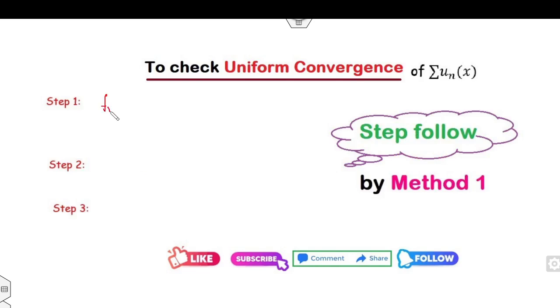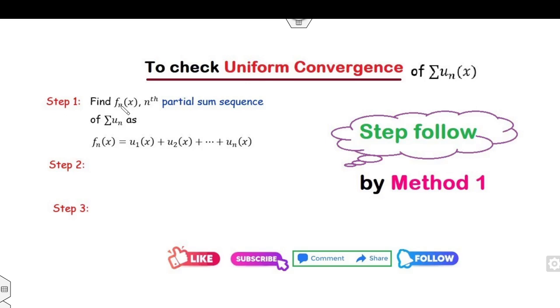In the first step, I define the value of Fn(x), that is the nth partial sum sequence. In the second step, once you know Fn(x), we can check the pointwise convergence. What is the meaning of pointwise convergence? We take the limit as n approaches infinity. If this limit exists and is unique, then we can say the series or the sequence of functions converges pointwise.